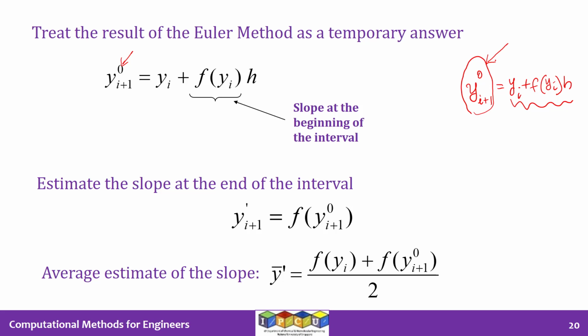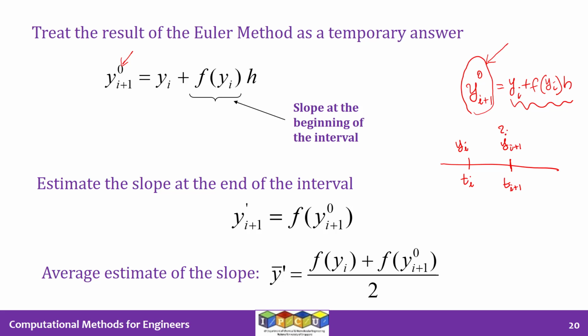And the interpretation of f(y_i) is it is the slope at the beginning of the interval. See, right now we are at t_i and the value of y is y_i. So this is the beginning of the interval and we are trying to find out the value of y at the end of the interval. That means at t_{i+1}, where the value is expected to be y_{i+1}.